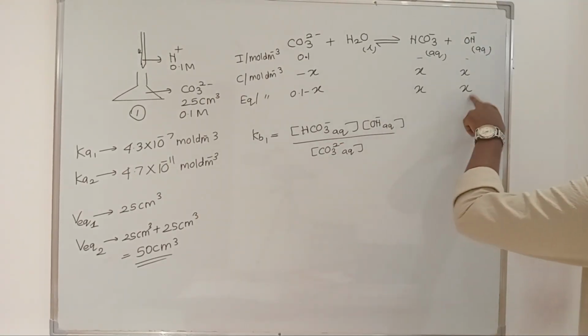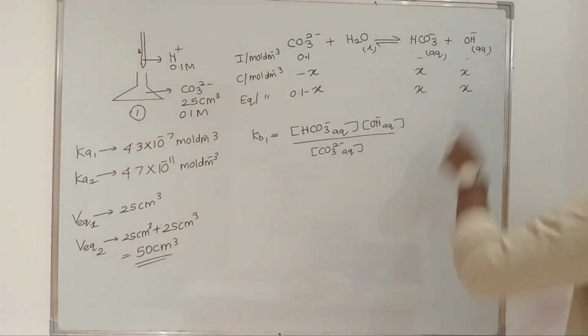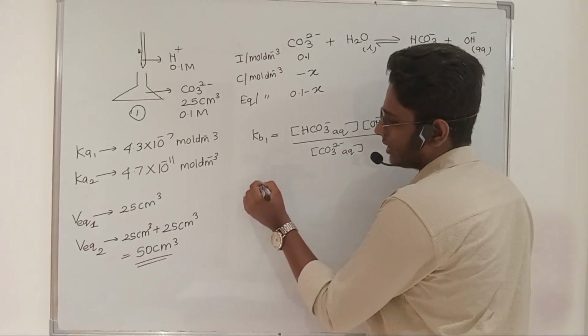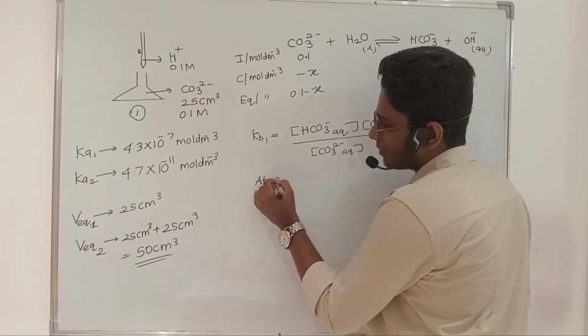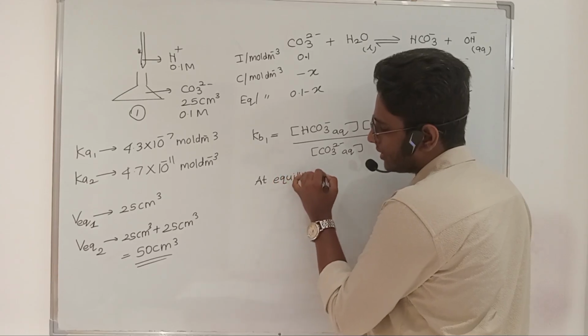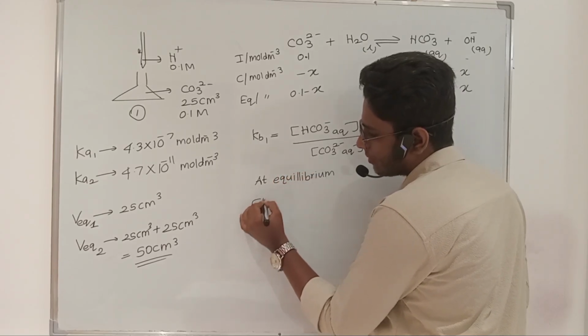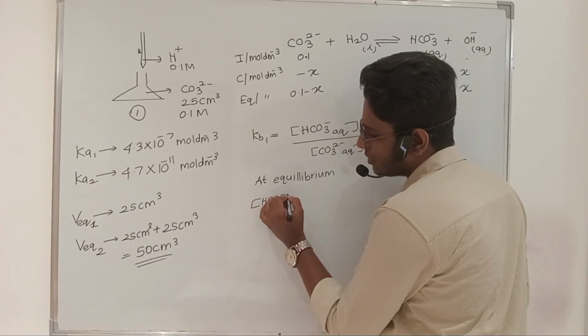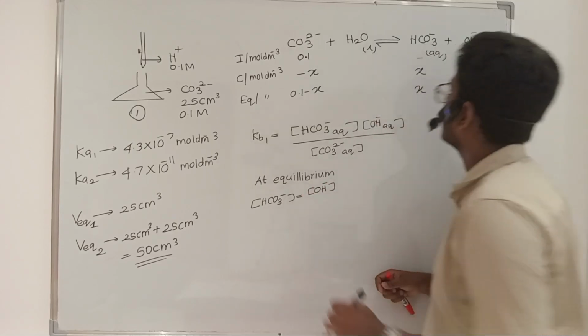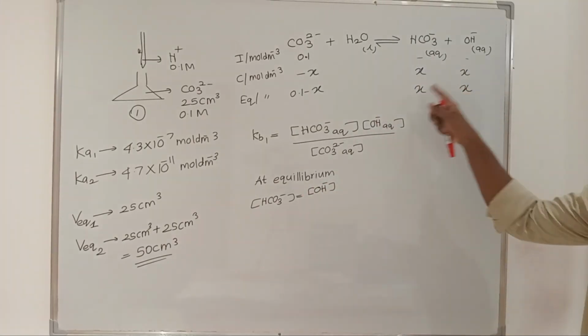Now this is the expression. By looking at this, you can say at equilibrium the bicarbonate concentration is the same as the OH minus concentration, because it is X and X, right?